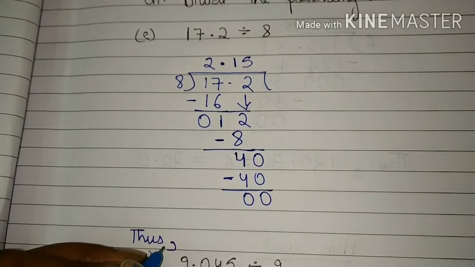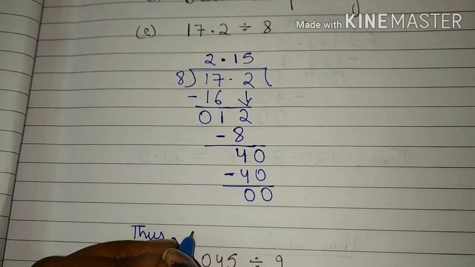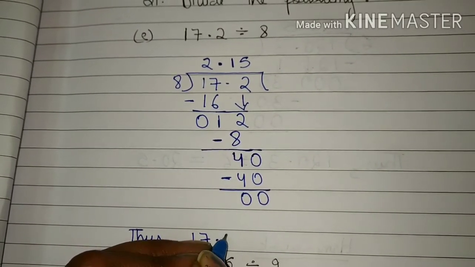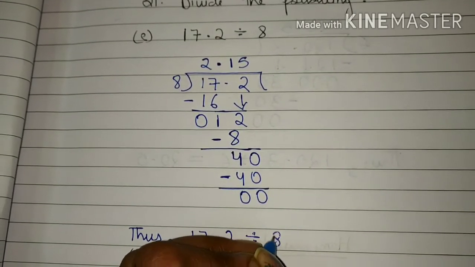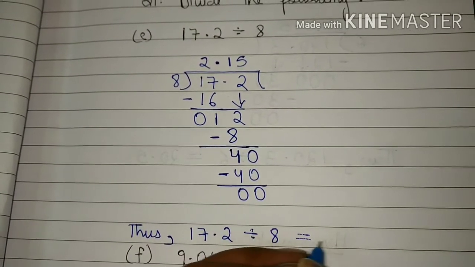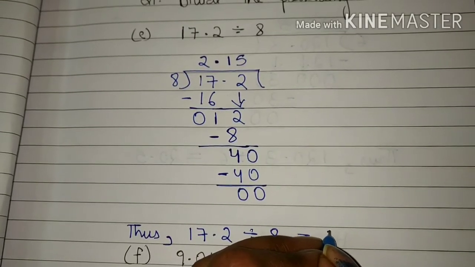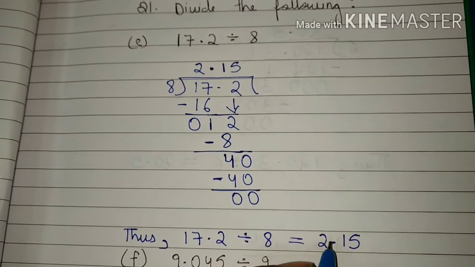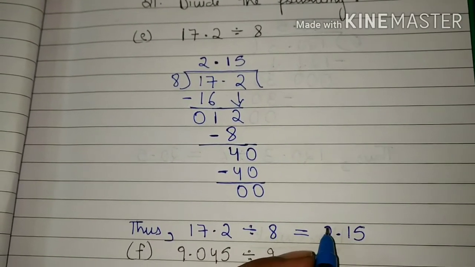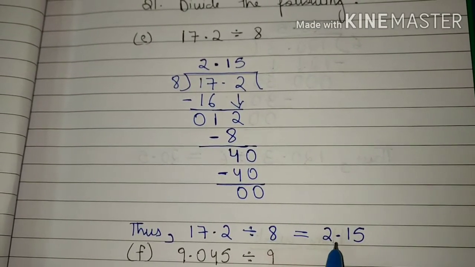Thus, 17.2 divided by 8 gives you 2.15 as quotient. Students, 2.15, this is your answer.